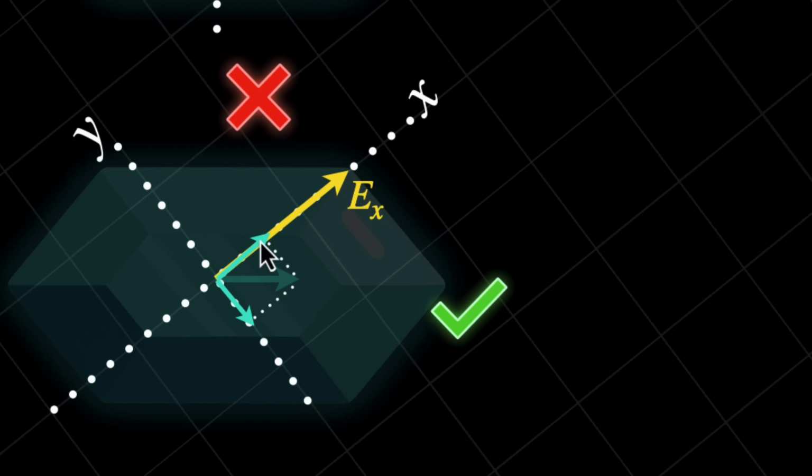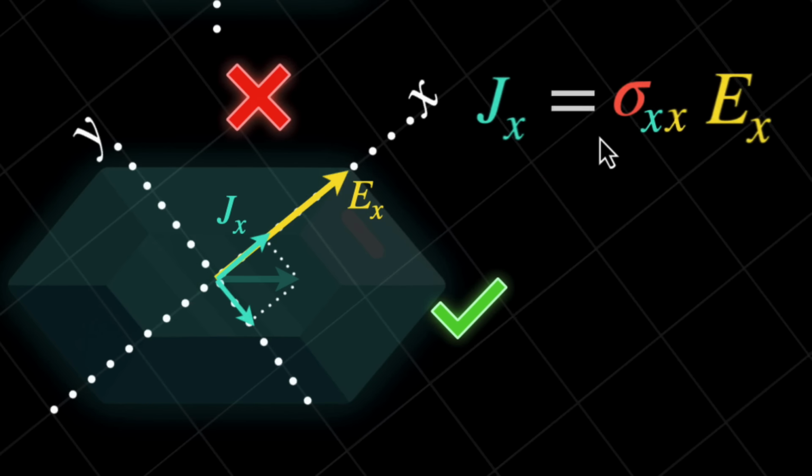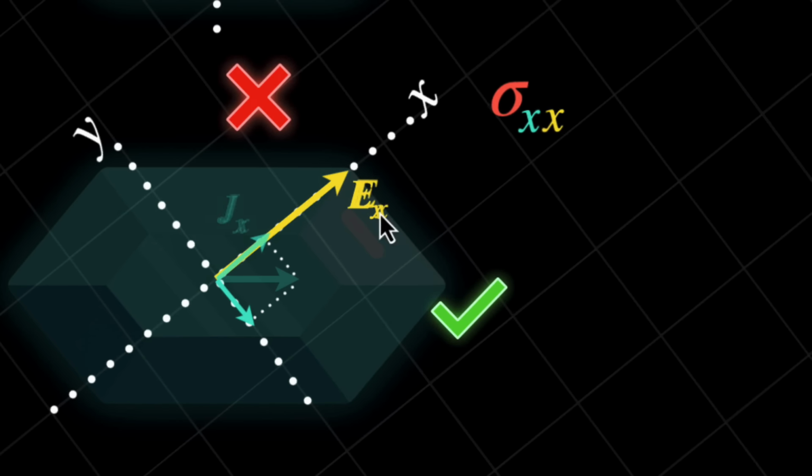It gives us two components of current density. This is the key. And therefore, I would need two numbers. One number to represent how much I get Jx due to Ex. So we can write it this way. But I also need another number to calculate how much I get Jy from Ex.